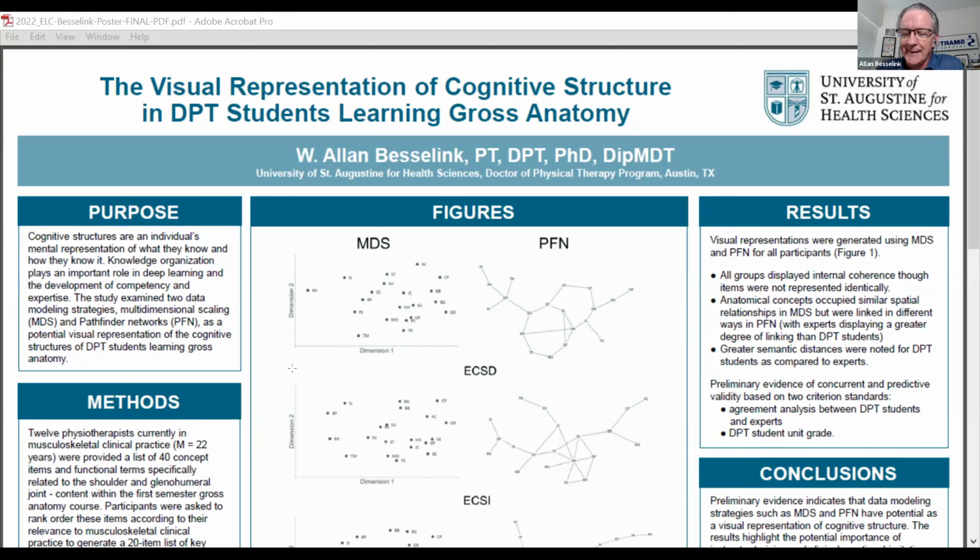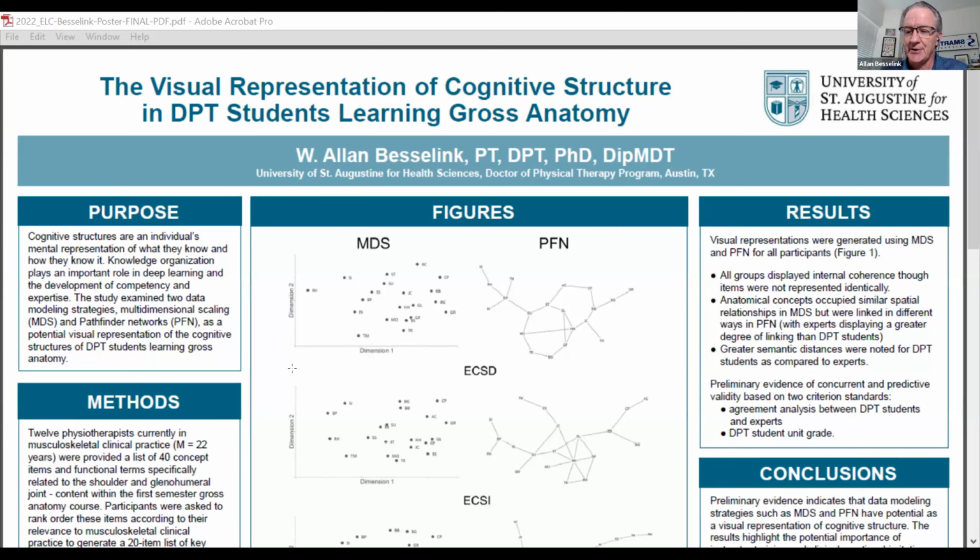You can represent knowledge either spatially through multidimensional scaling or through Pathfinder networks, which are obviously network representations.